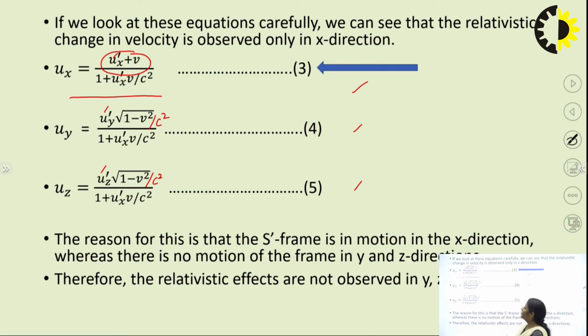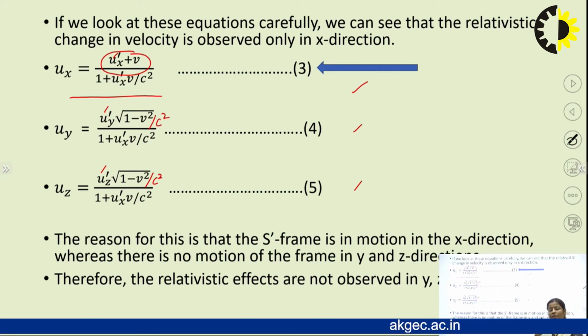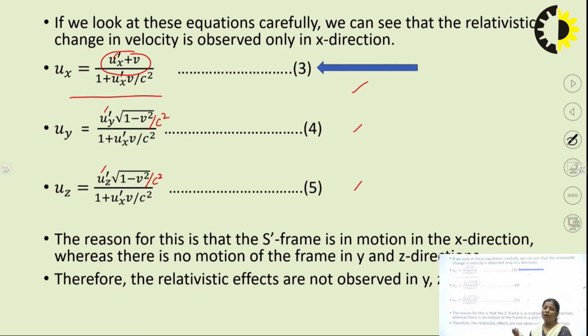So we have to think about it. What is so special in the x part? Although we have used the same phenomena for all three directions, how come the x part has this difference from y and z? The difference lies in the relative motion.